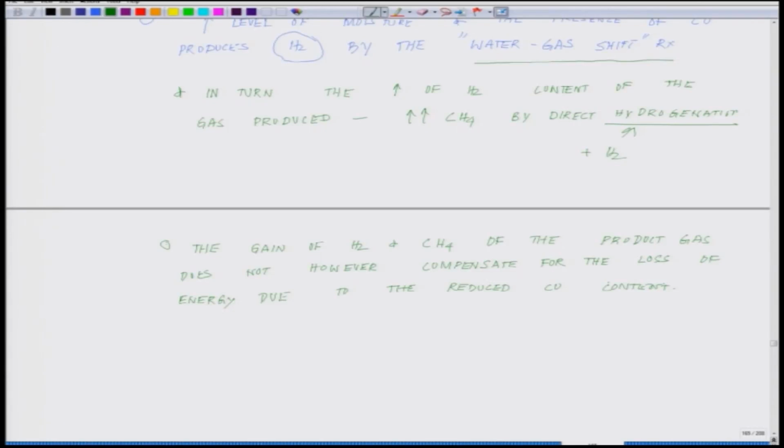Okay. So, the gain of hydrogen and CH4 of the product gas does not however compensate for the loss of energy due to reduced CO content.